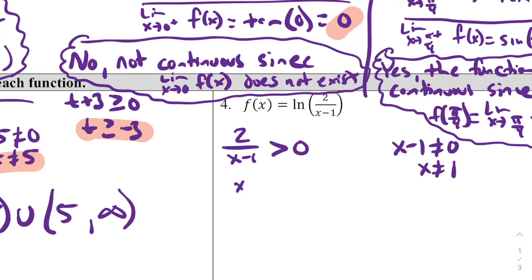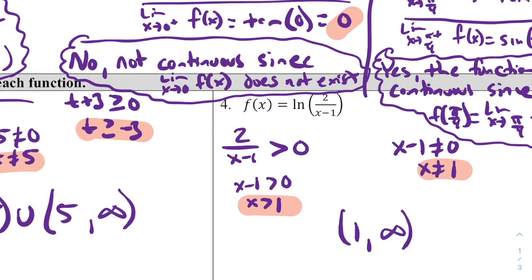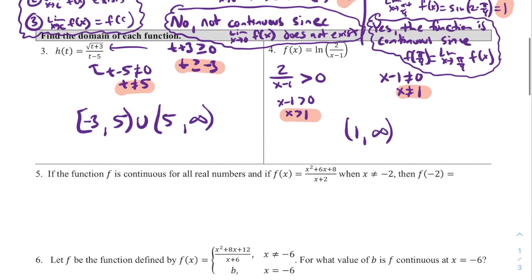So I know that x minus 1 also has to be greater than 0, and so x has to be greater than 1. We already said that x couldn't be 1, and we're saying here that x is greater than 1. So our interval notation is going from 1 to infinity. And that would be our interval notation for problem number 4.